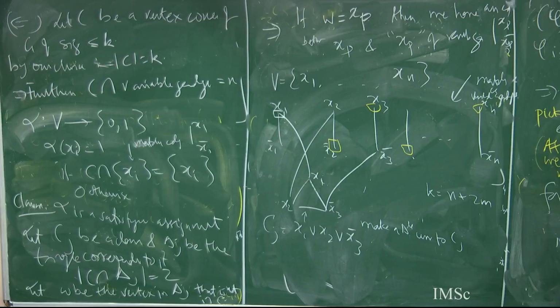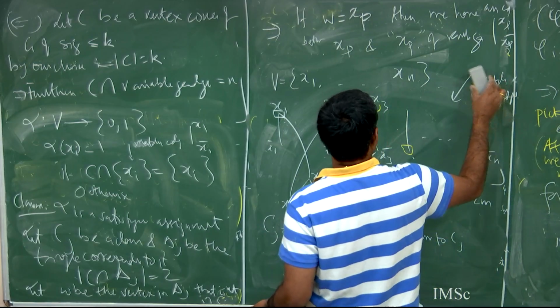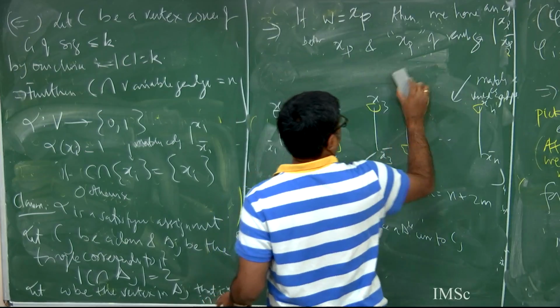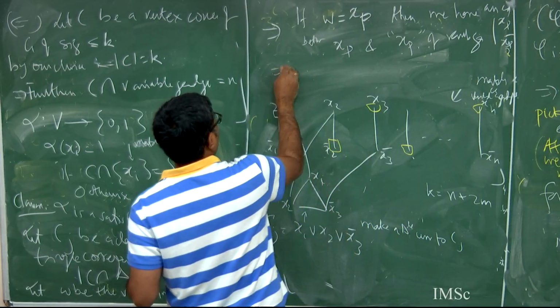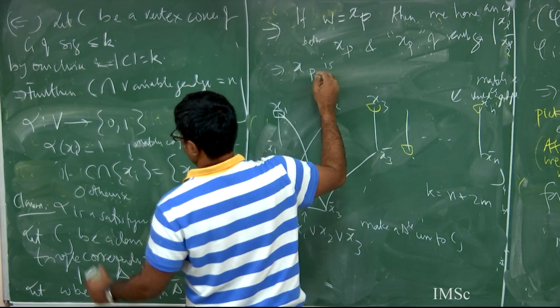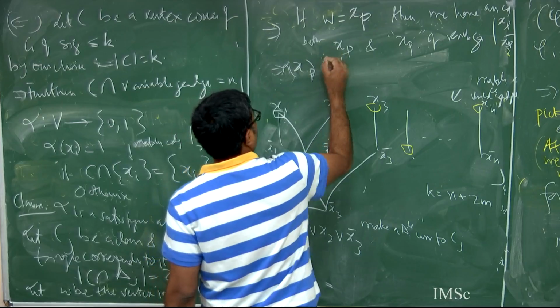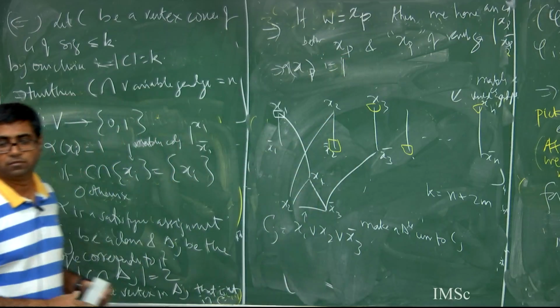We have an edge, right? Which implies what? Since it's a vertex cover, you did not pick W, so you have to pick all its neighbors. So in particular, you have picked xp, right? This implies xp is equal to 1. Alpha of xp is equal to 1, and you are happy, right?